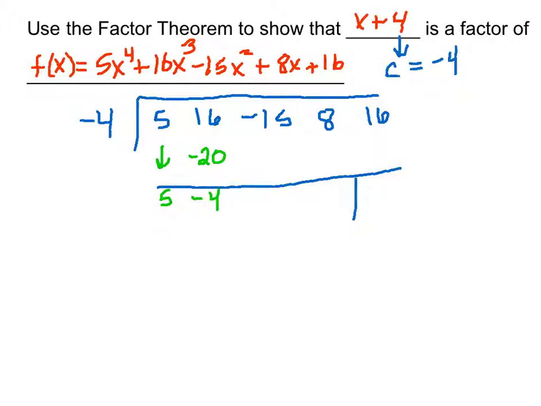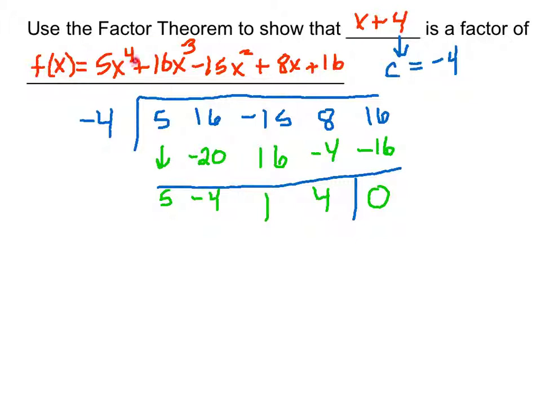I multiply that times -4, I get a positive 16, and I add down. -15 plus 16 is 1. 1 times -4 is -4. Add down, I get a positive 4. 4 times -4 is -16. I get 0.